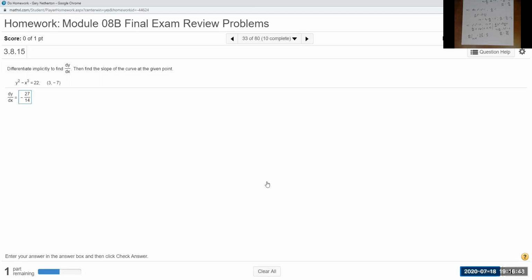Let me go back and look. Let's make sure I took the derivative correctly. 2y dy/dx minus 3x squared equals 0. 3x squared over 2y. 27. I don't see where I messed up. Maybe you see it.